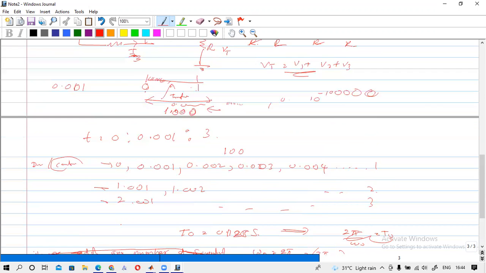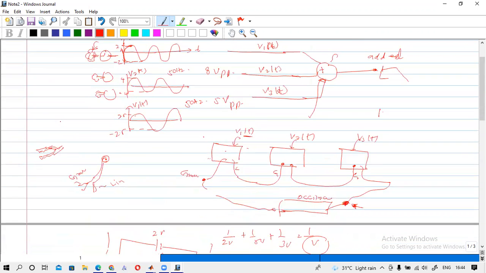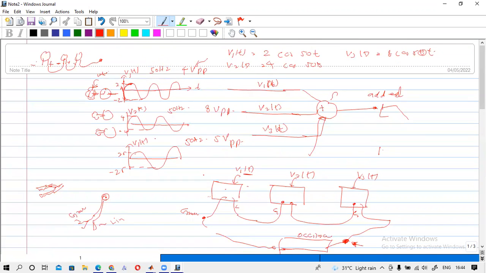Now, suppose I have a power supply here, and I set that power supply to 5 volts, and I add this to this signal also.